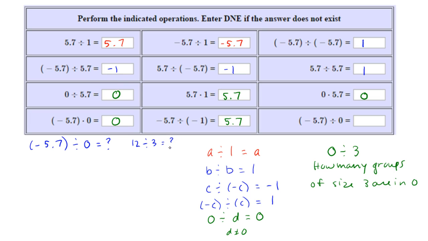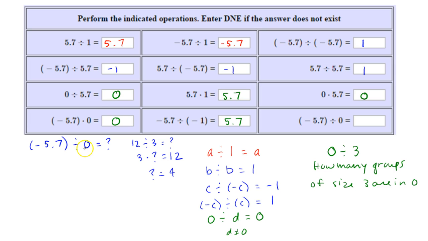We know that number is 4, but let's pretend we didn't. If 12 divided by 3 equals some number, we could write that as 3 times some number equals 12. That's how we could write a division problem as a missing factor problem. Then we could say, what do I multiply by 3 to get 12? And the result would be 4.